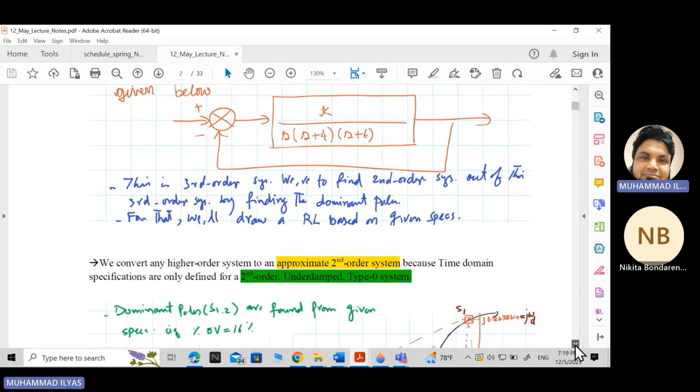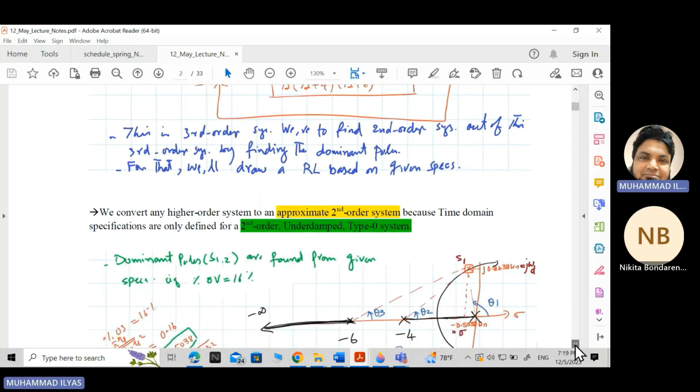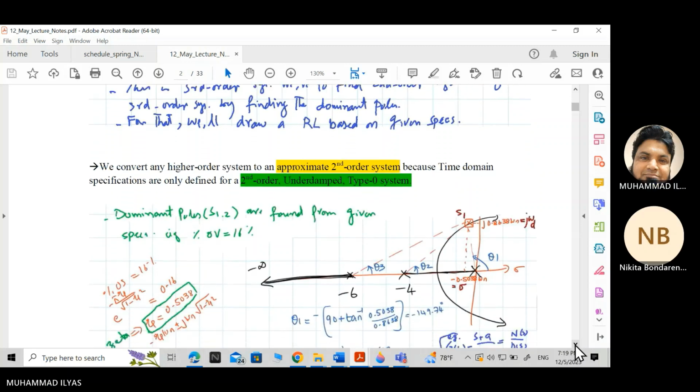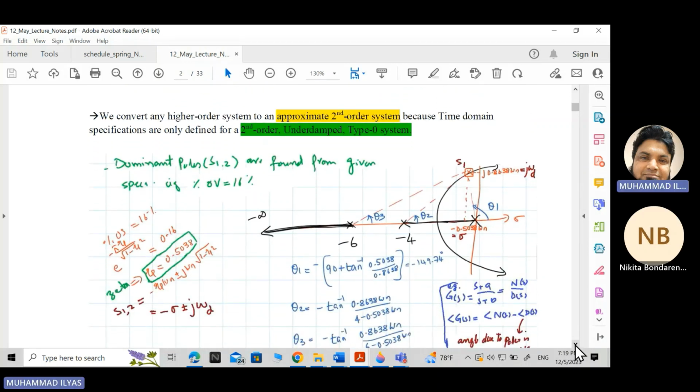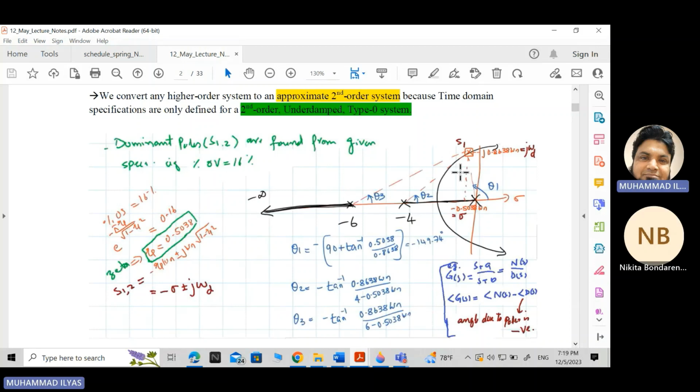The first step is to draw the root locus of the given system, for k varying from 0 to infinity. This root locus can be drawn in MATLAB very easily. From that root locus, we will choose some dominant poles. How do we choose the dominant poles?